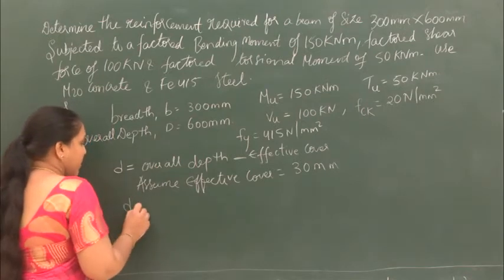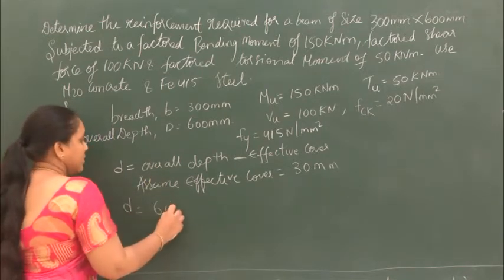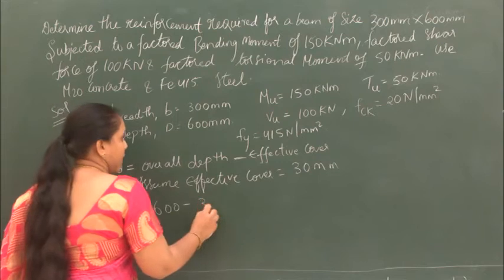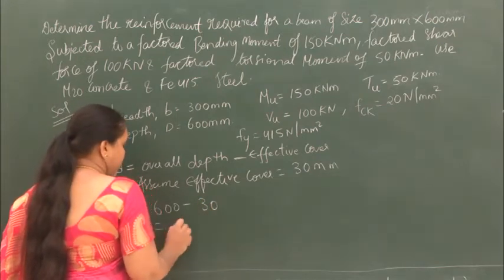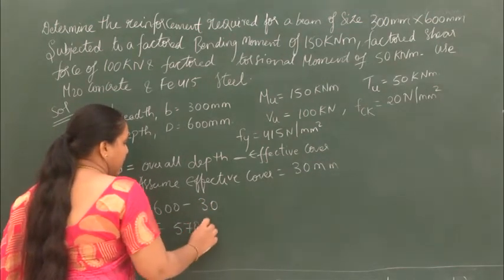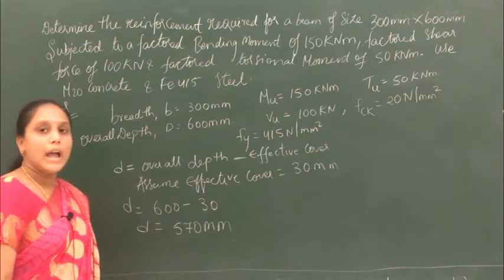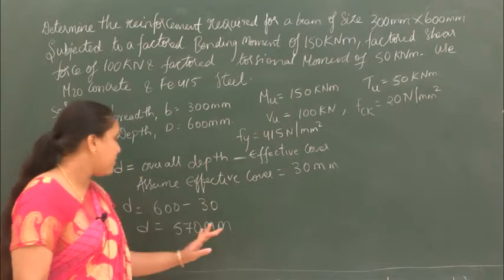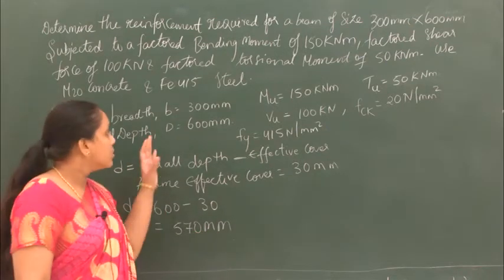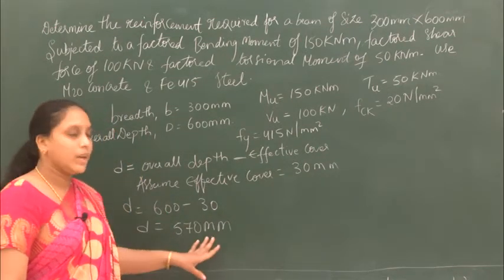So what will be my effective depth d here? 600 minus 30, which will give you 570 mm. So the effective depth d is equal to 570 mm.